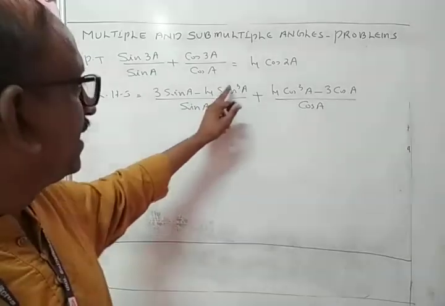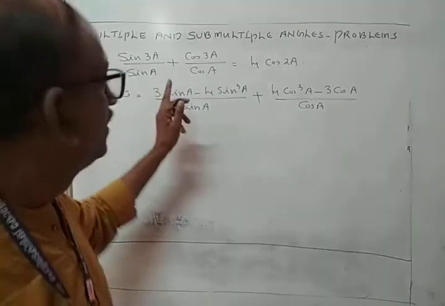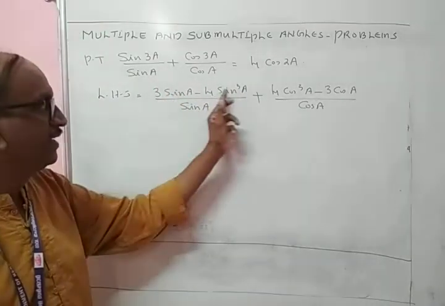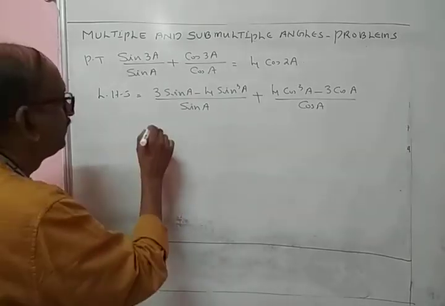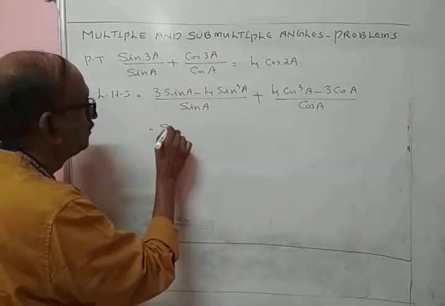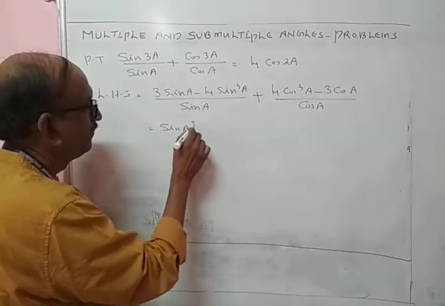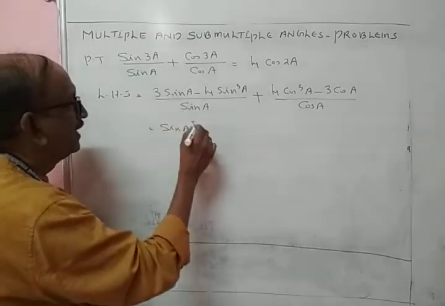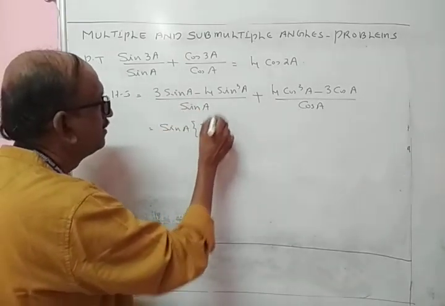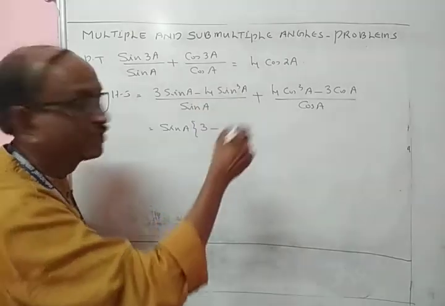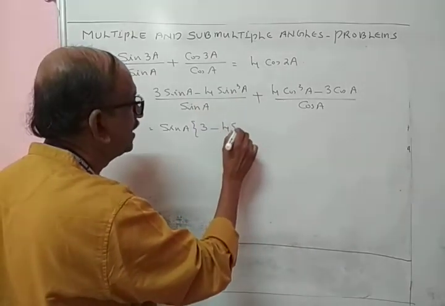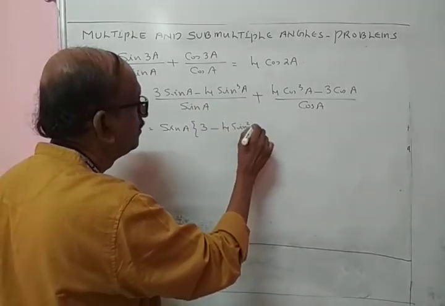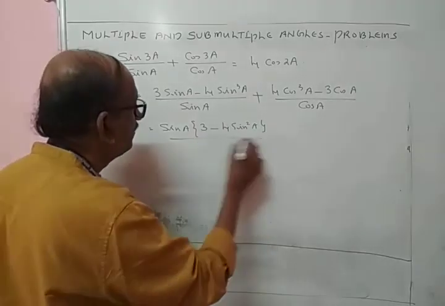In the numerator sin a is common. Take sin a outside. Remaining 3 minus 4 sin squared a, divided by sin a.